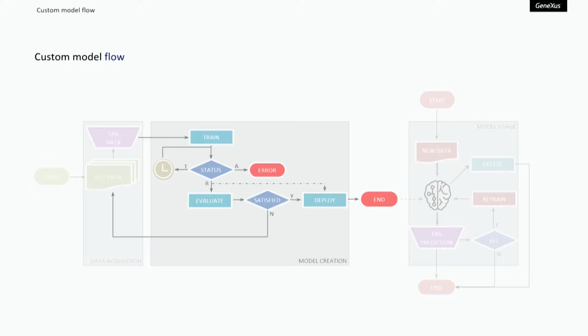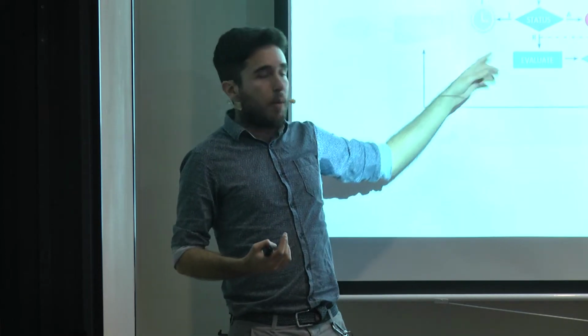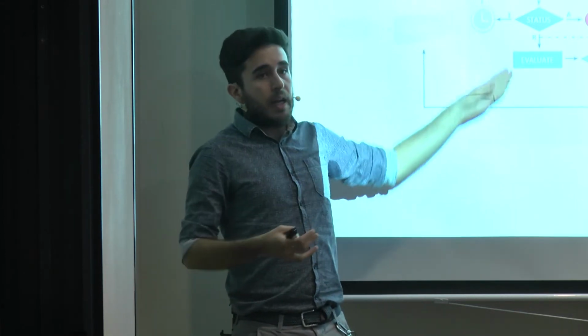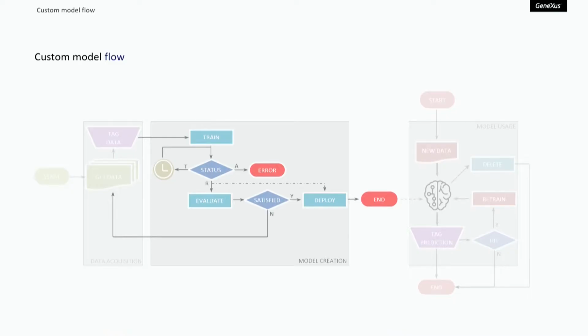If there is a happy ending, the model is no longer training and comes to a status of ready, and there we can evaluate the model. You evaluate the model, and you'll be able to obtain metrics on the basis of what you've generated so that you can decide whether that model is useful or not.